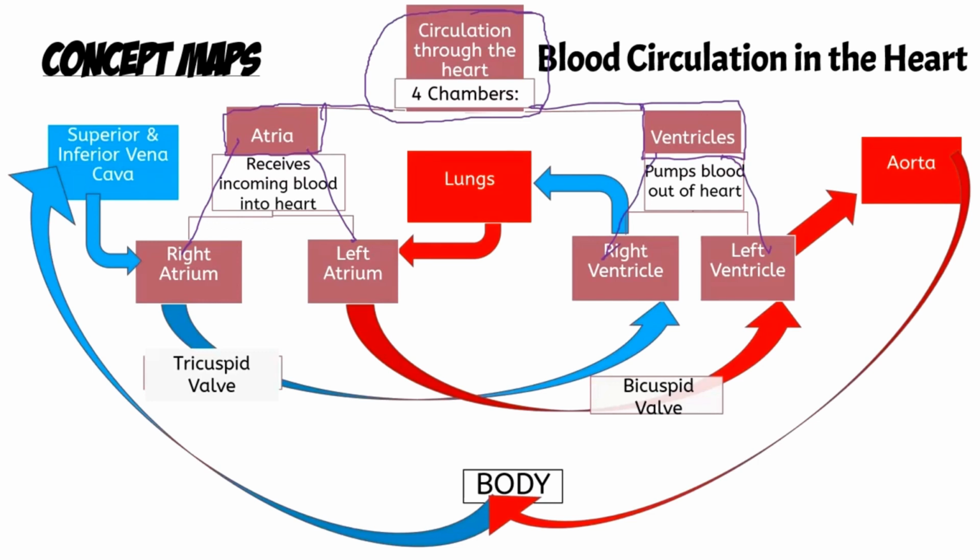And then the blood that goes into the left atrium goes through the bicuspid valve into the left ventricle and through into the aorta and out into the body.